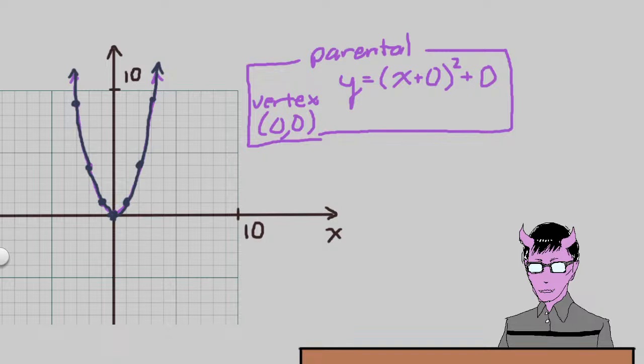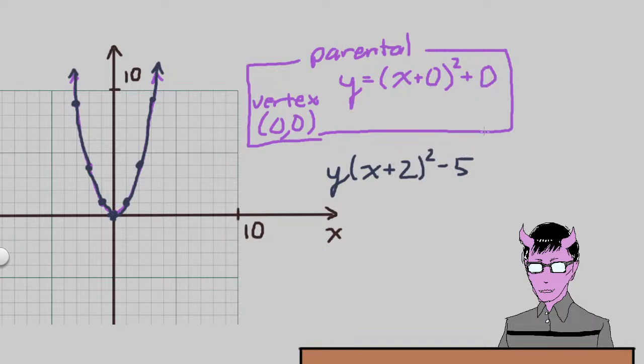So that's a kind of dissective approach, but what if we have 2 types of movements? What if you have, for example, y is equal to x plus 2 squared, and then you have a minus 5 right here. We now have 2 things that are differing from our parental function. This one has changed to plus 2, and that has changed to minus 5.